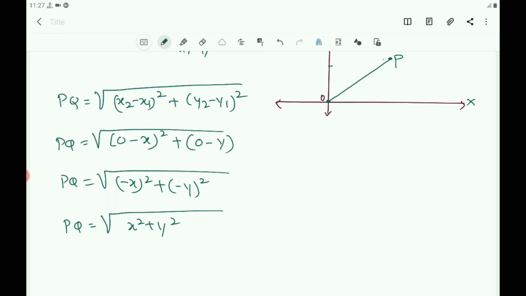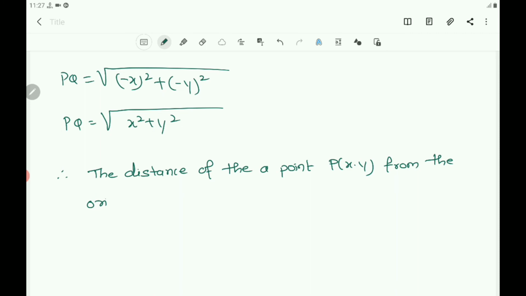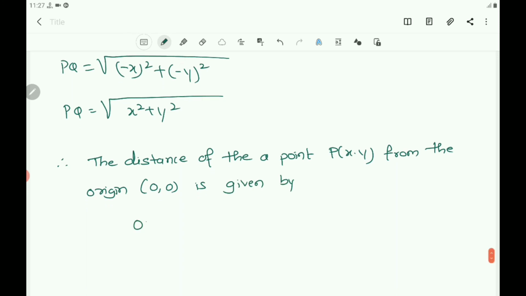So you can say that the distance of a point P(x, y) from the origin (0, 0) is given by OP equals, O is the origin, whole root x square plus y square.